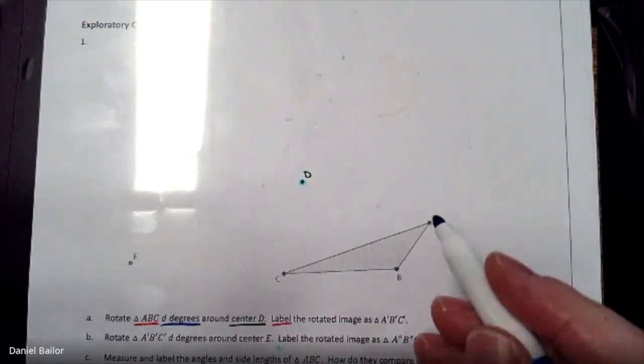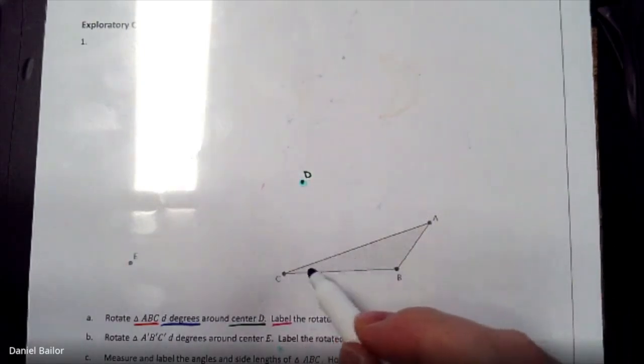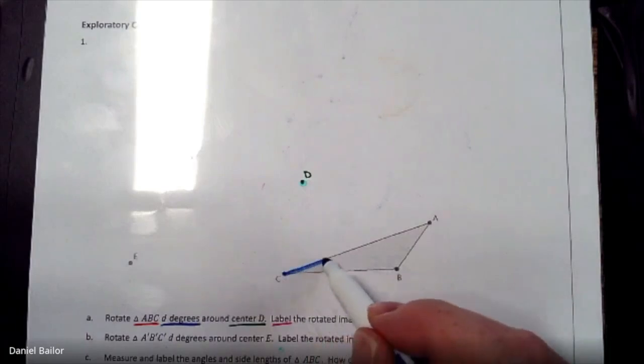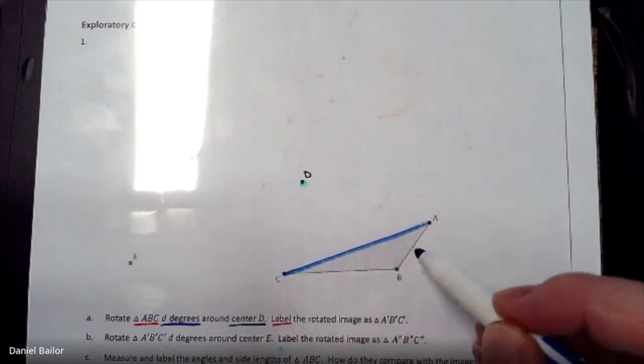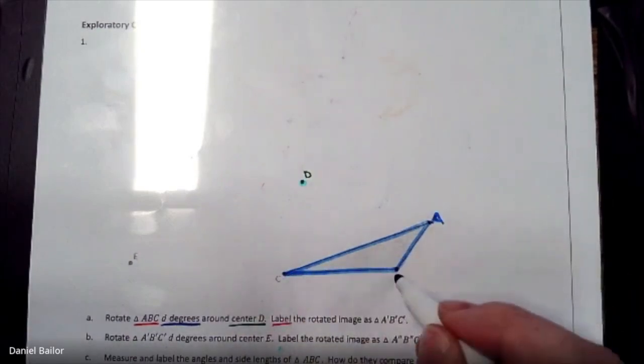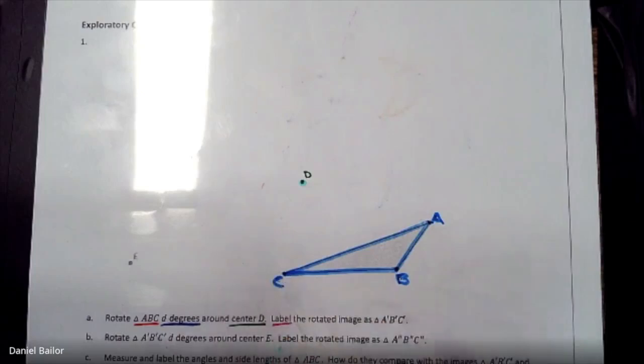You can kind of see it. And then let me trace my triangle ABC, because that is what is getting rotated. And I'm going to label the points so that I remember where the points were after the rotation. So everything is labeled. Now I'm ready to rotate.